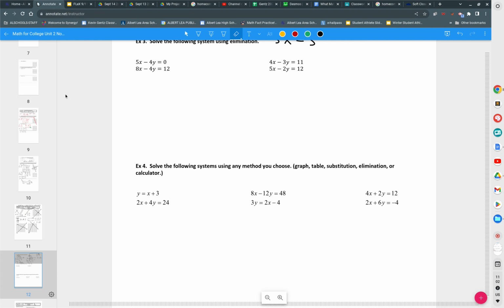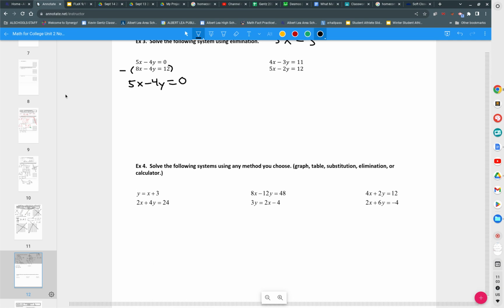If I want something to go away, I can't have a -4y on the bottom. I need a +4y. How will I change that to a +4y? Yeah, if you multiply the bottom through by a negative, we have 5x minus 4y is 0 on top.